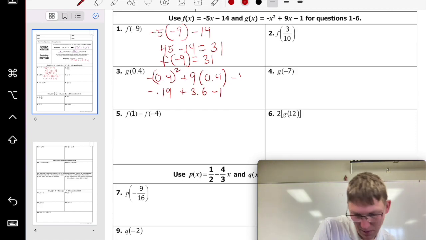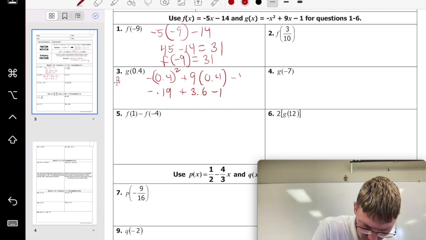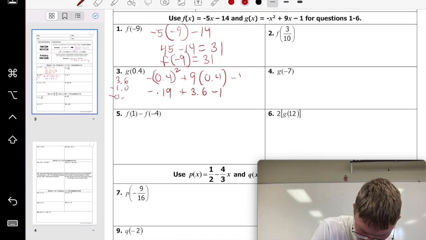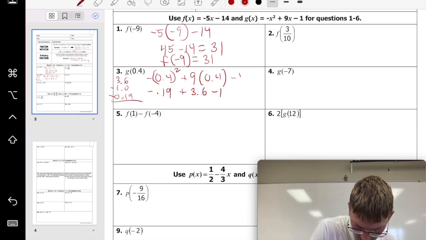It doesn't matter what order I do them in, so I'm just going to take the biggest one, 3.6 minus 1. Whoops, not done yet. Minus 0.16. So we got to do that. So that's 1.